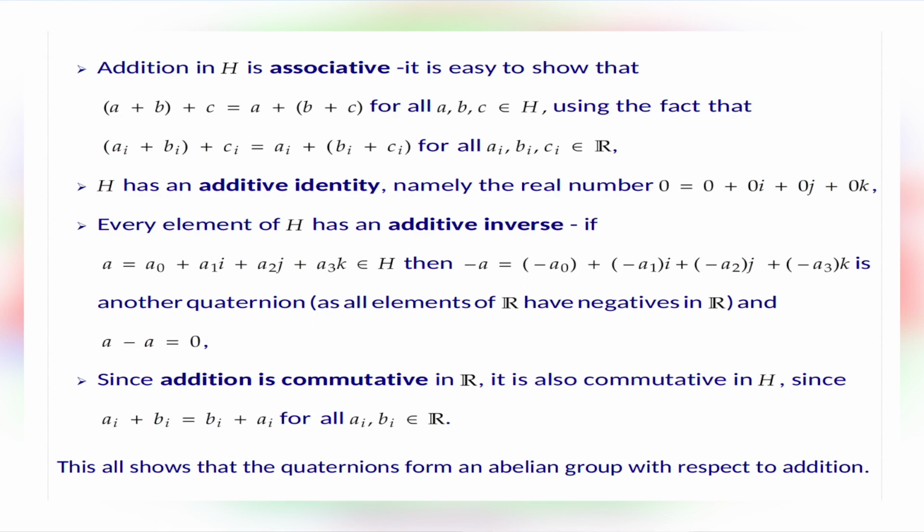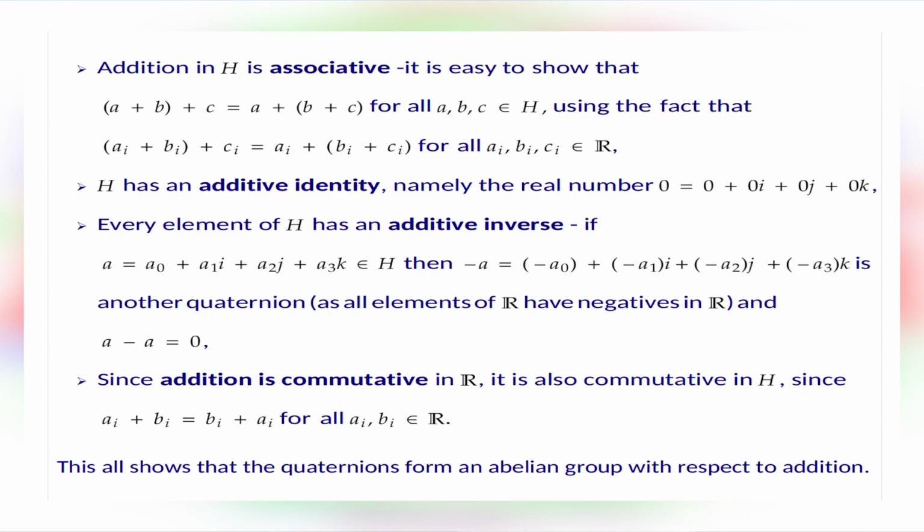H has an additive identity, namely the real number 0 is equal to 0 plus 0i plus 0j plus 0k. Every element of H has an additive inverse. If A is equal to A0 plus A1i plus A2j plus A3k belongs to H, then minus A is equal to minus A0 plus minus A1i plus minus A2j plus minus A3k, which is another quaternion, as all elements of R have negatives in R, and A minus A is equal to 0.